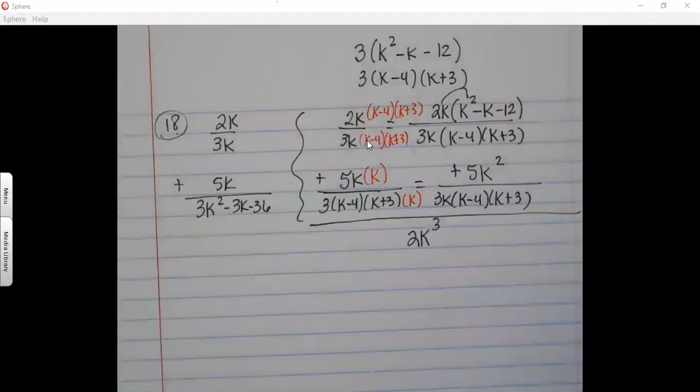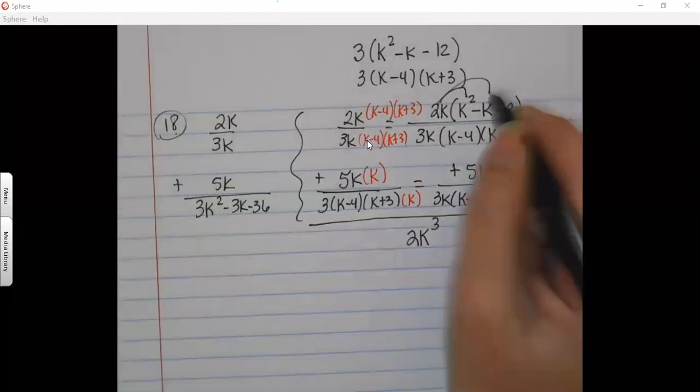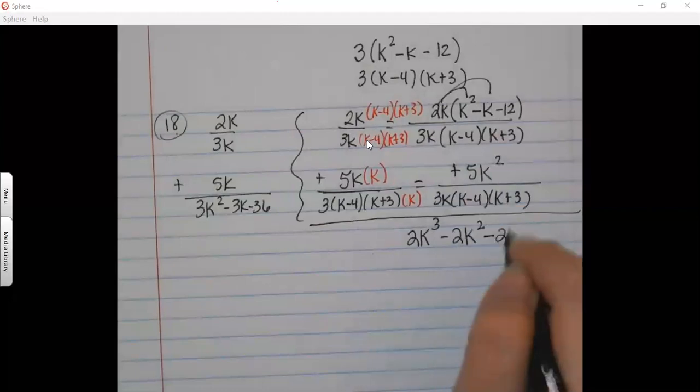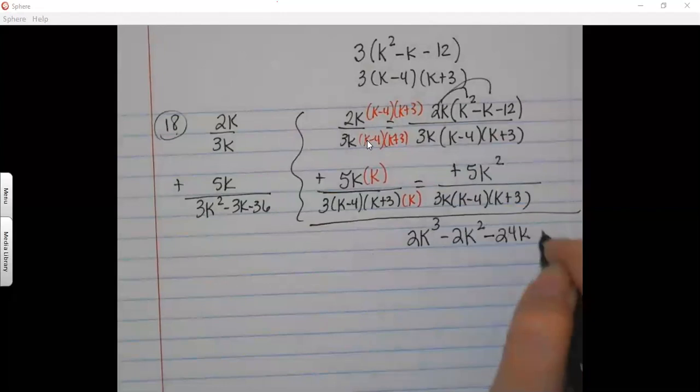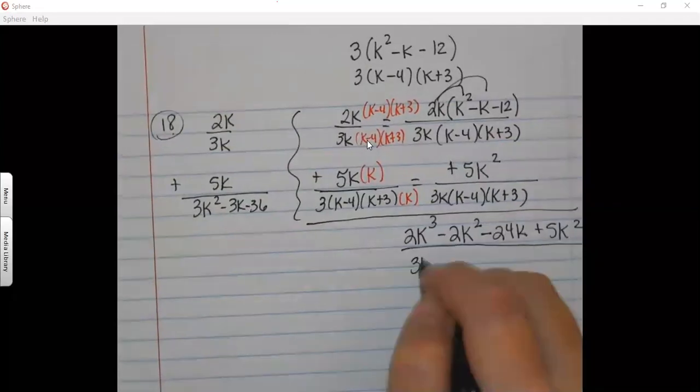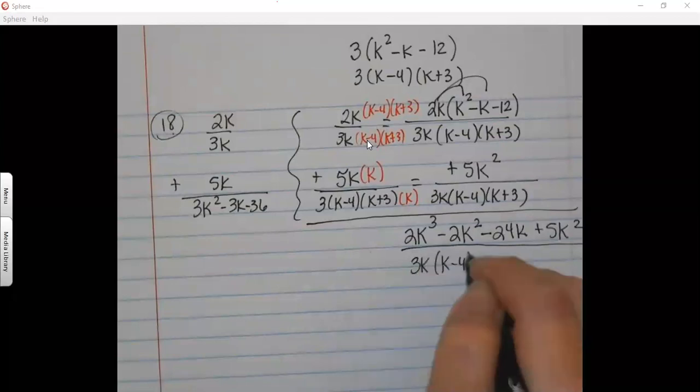And minus 2k squared minus 24k. And then I have that plus 5k squared in that bottom fraction. Denominator, don't multiply that together. We want to see if something will cancel. So the numerator, I do have some like terms.